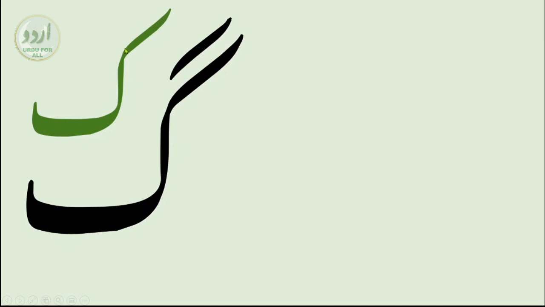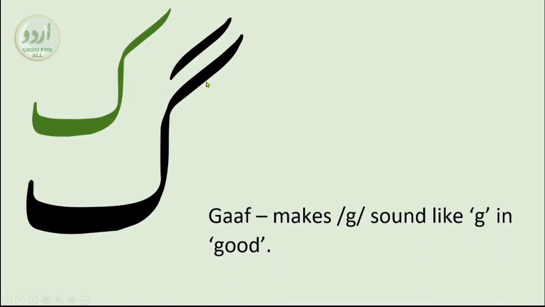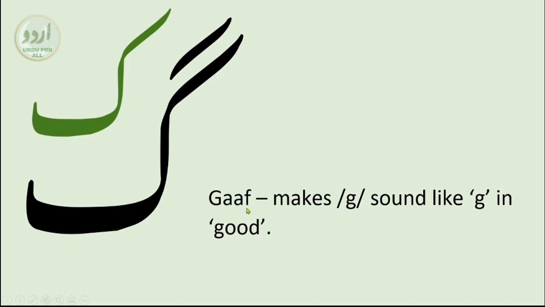So Kaf has 1 line and this letter has got 2 lines. So this letter is called Gaf and it makes a G sound, which is exactly like the G sound in the English word good, produced by the letter G, right?